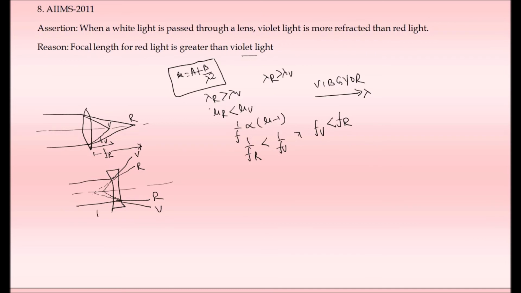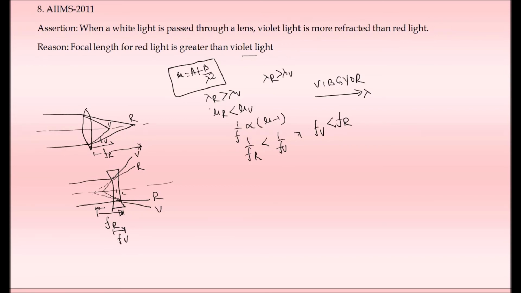So this is the focal length from this optical center C. This is the focal length of red light, this is the focal length of violet light.